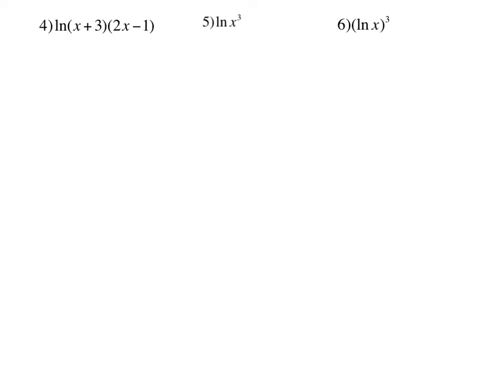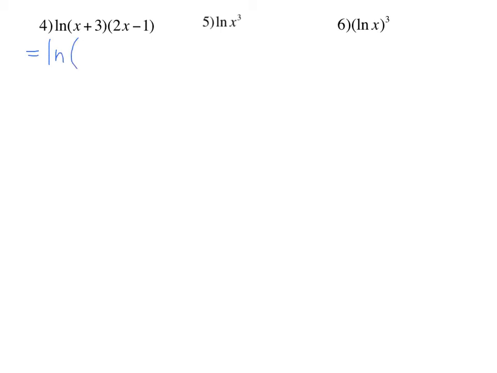Now, differentiating log of x plus 3 times 2x minus 1. You could do this two ways. You can either use the first log law to split these up and then differentiate them separately, or you can expand the brackets using FOIL.